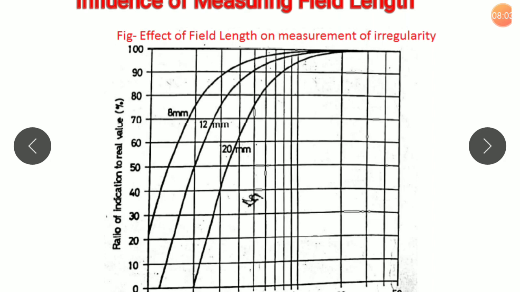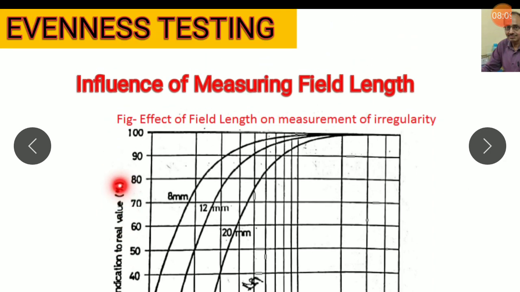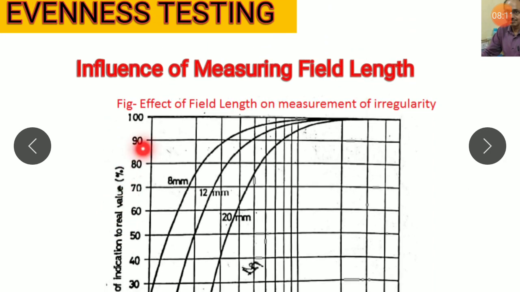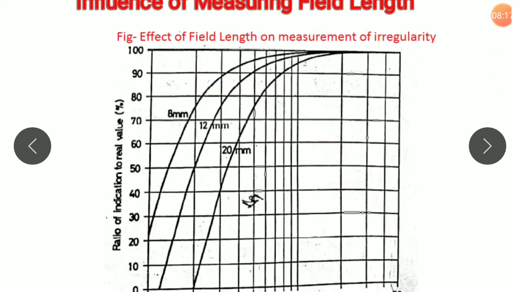Here it has been shown the ratio of indicated to actual present. If it is 90, it means 90% of the variations will be shown by the instrument.